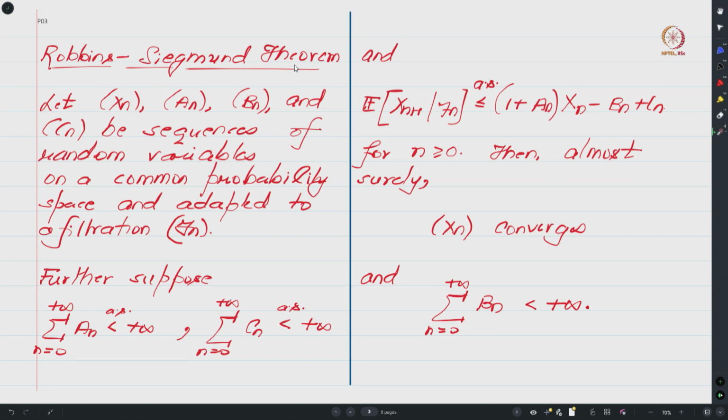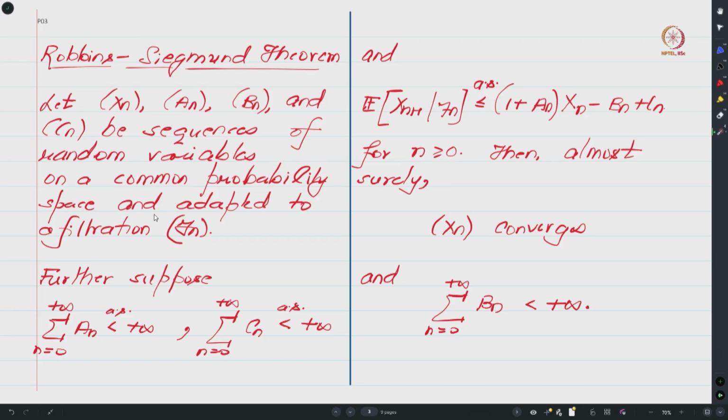So what does the Robbins-Siegmund theorem say? Suppose you have a sequence of random variables on a common probability space. If I am not wrong, the Robbins-Siegmund theorem also requires that all these random variables be non-negative, and let us say they are adapted to a filtration Fn.